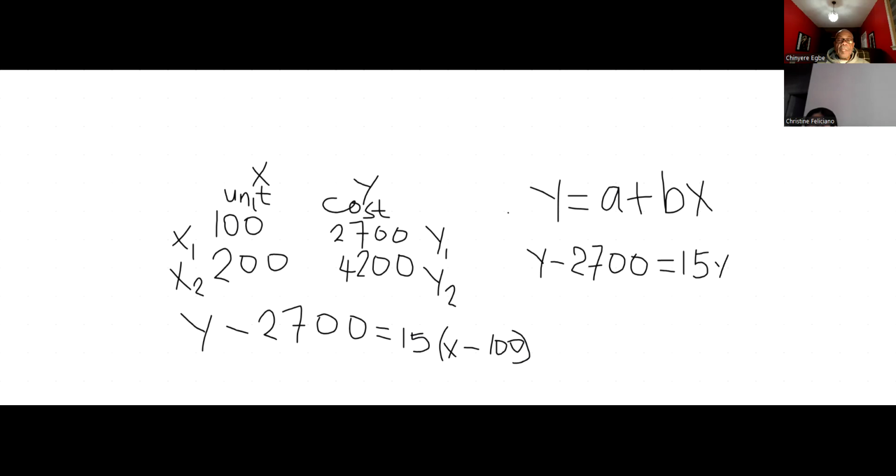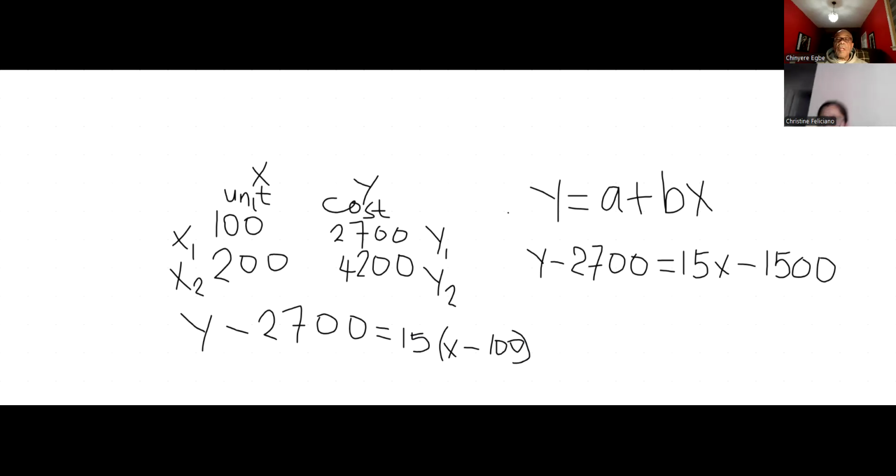And then 15 times 100 is what? 1500. What is negative 1500? Negative 1500. All right. So now we have y minus 2700 is equal to 15x minus 1500.